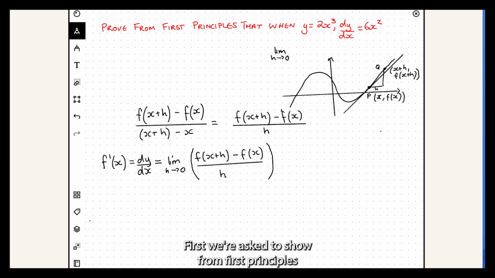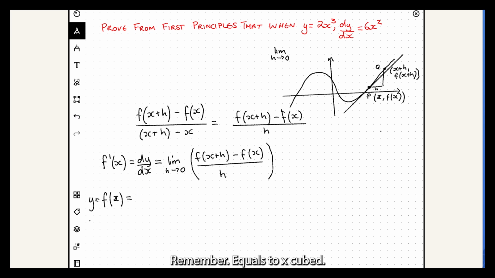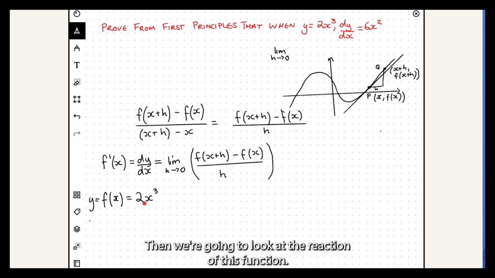We're asked to show from first principles that when the function is y equals 2x cubed, so f of x, which is y, remember, equals 2x cubed, then f dash of x, so dy by dx, so we're going to look at the rate of change of this function, what does that equal? We're going to try and show that it equals 6x squared.